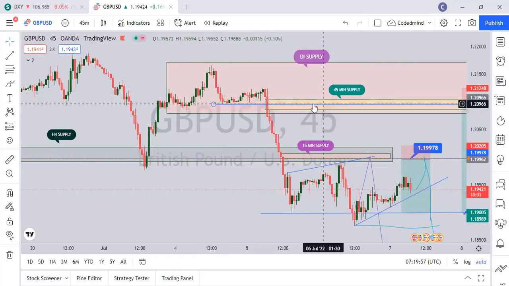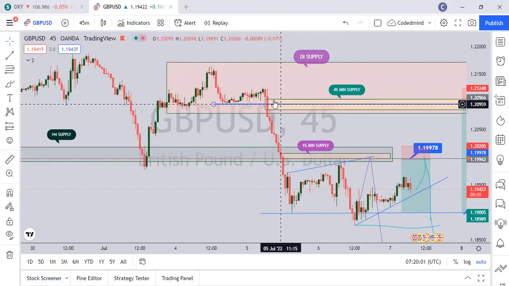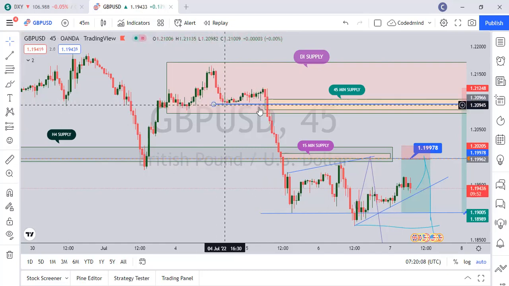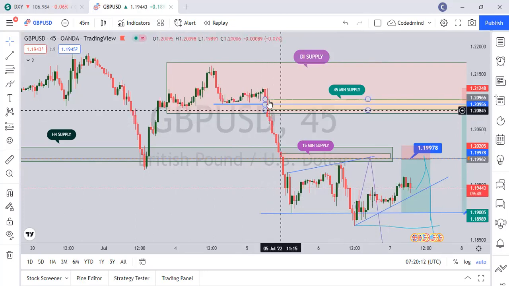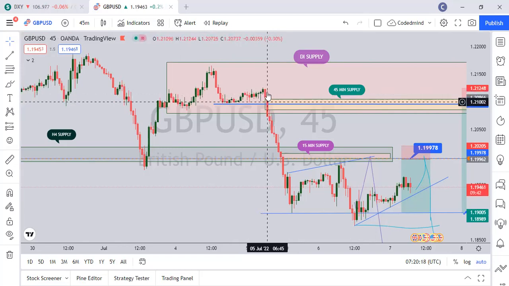Now, if you come to the second one, this is a daily supply zone. Within it is this imbalance. Okay, so I'm using the 50% fib level of the imbalance for my entry. Now the reason being that this area here that is supposed to be an IFC has already been tested this week.